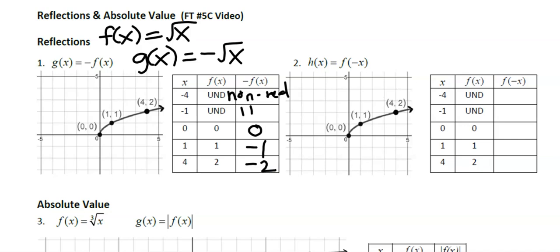So that means the reflection would go through the point (0, 0) still, but then it would go through the point (1, -1) and the point (4, -2). So this is what the graph of g of x would look like.